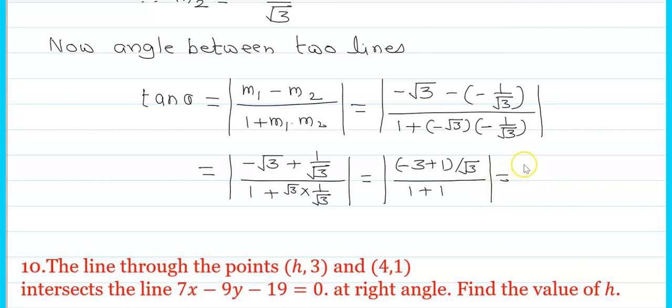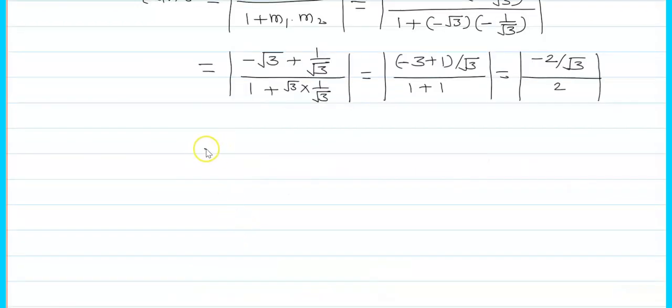Minus 3 plus 1 is minus 2 upon root 3, and 1 plus 1 is 2. The simplification gives minus 2 upon root 3 divided by 2 upon 1.